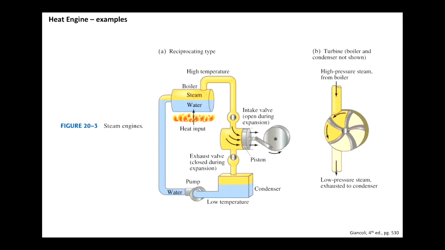So let's look at an actual engine. In this case, steam engines. And lest you think a steam engine is antiquated and not something we use anymore, often this process is used even in modern times. We just change the source of the thing that's making the steam to begin with.